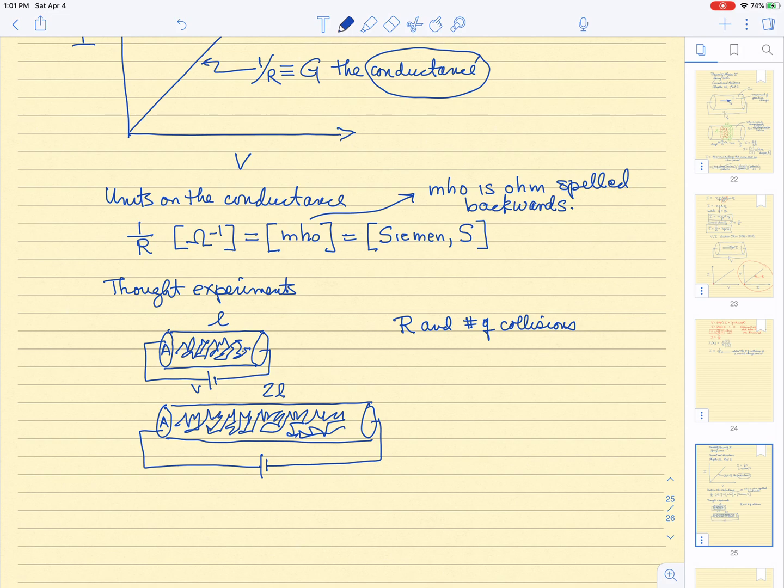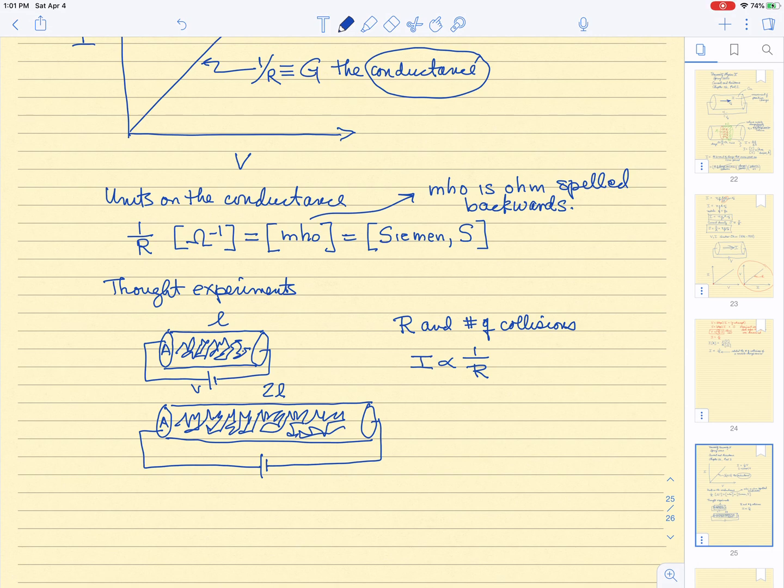And so then the current is going to be related to the inverse of the resistance, the number of collisions, right?